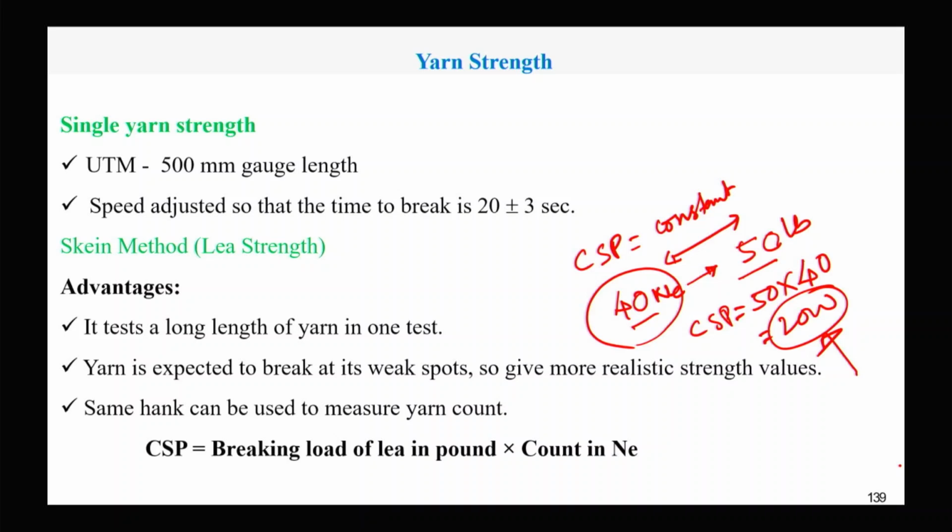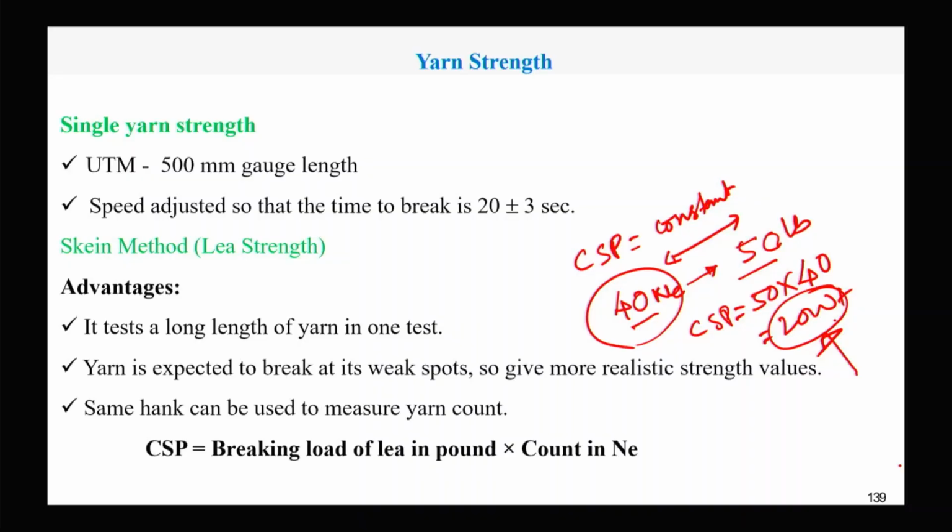Now, tomorrow some other lot, if we don't get CSP around 2000, say plus minus 100, within that range, that means we can guess that the cotton quality is poor.